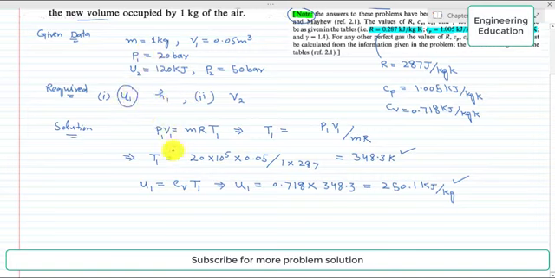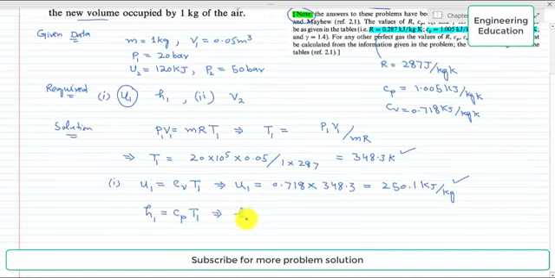Now second, to find the value of H1, that is the specific enthalpy, we have assumed that the air is a perfect gas. So for that we can write that the value of H1 is equal to Cp times T1.